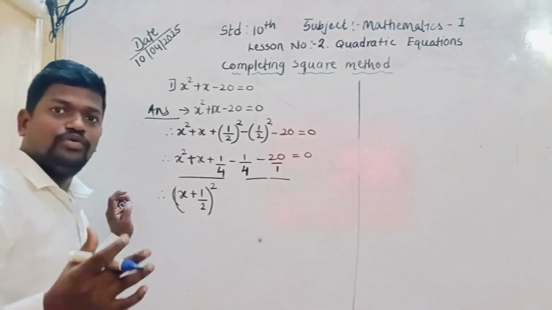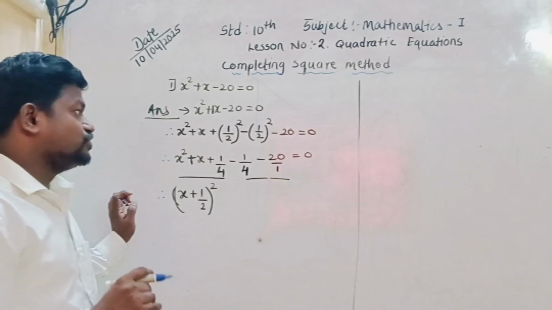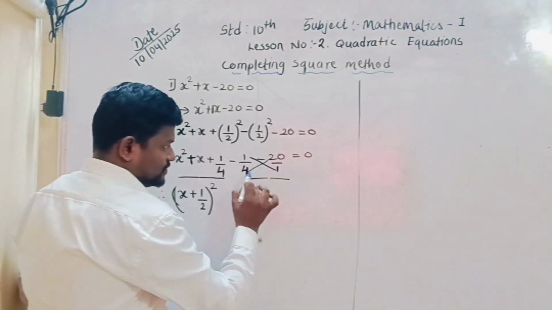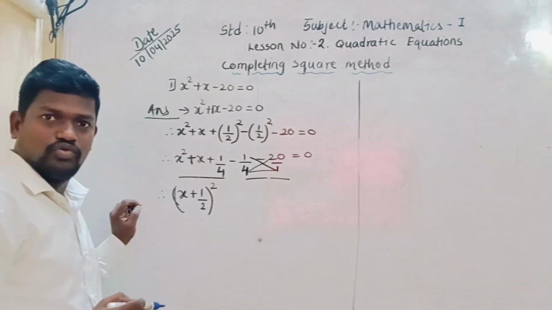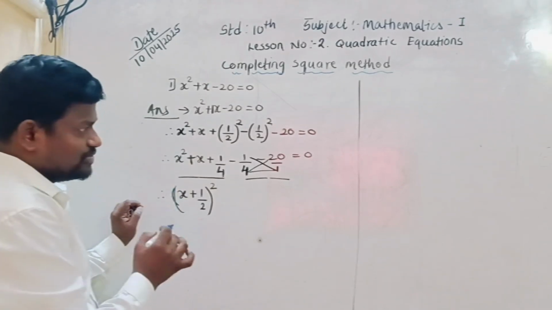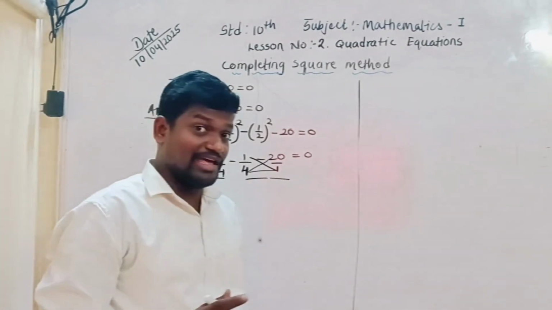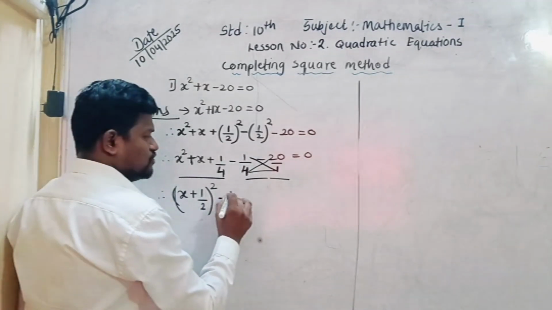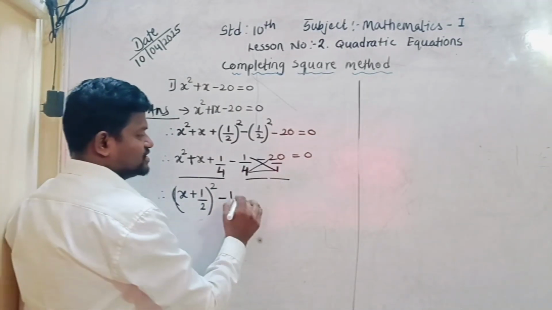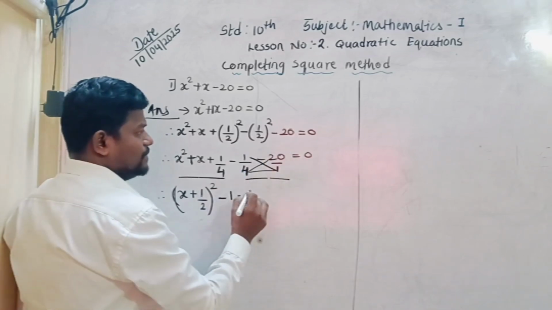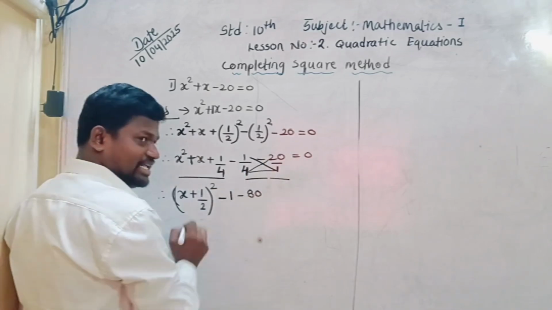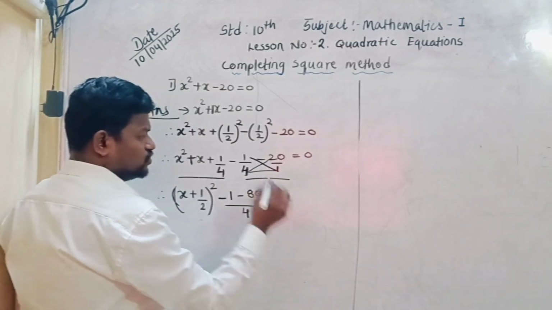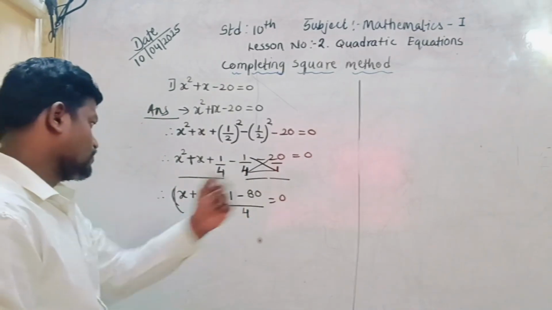So how do we do the cross method? This is the technique to solve by the cross method, that is, the butterfly method. So apply: 1 times 1 is 1, minus 20 times 4 is 80, upon 4, 1 times 4, equal to 0.